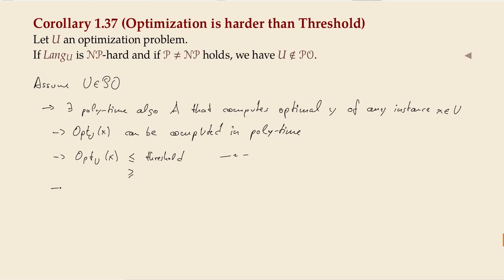And that means that we have a poly time algorithm for the language lang U. But since that was NP-hard, and the lemma before, that would mean that P is NP, and we assumed that it's not. So intuitively, it's just the steps that I showed as arrows before.